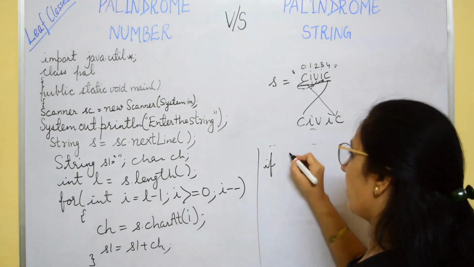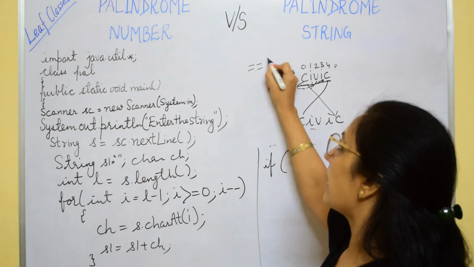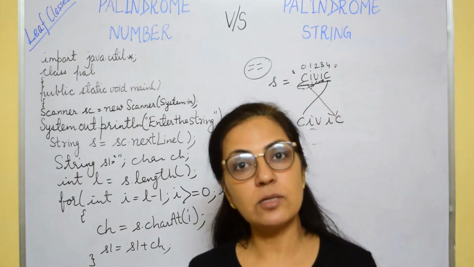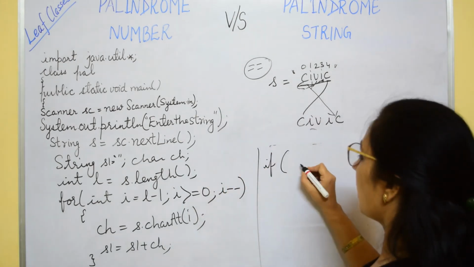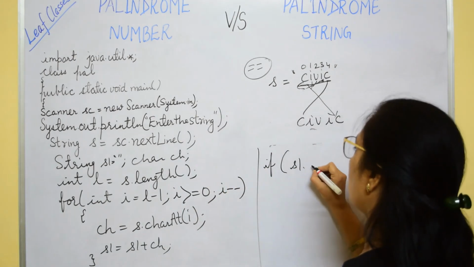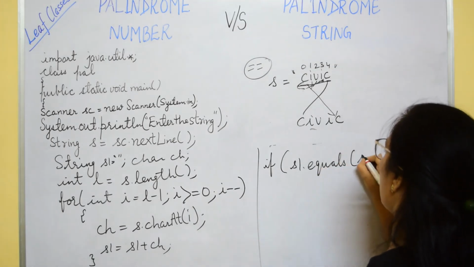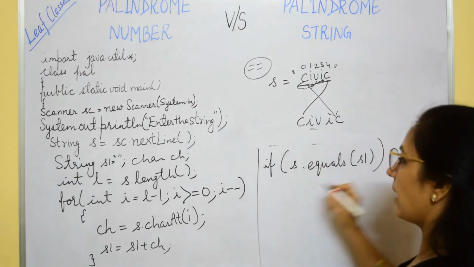After that what you have to do, you will just compare. Now here you will not use this equals to sign for comparison. We'll be using the equals function, or the compareTo function we can use. So I am using the equals function here: if S1 dot equals S, or you can write if S dot equals S1, both are correct.